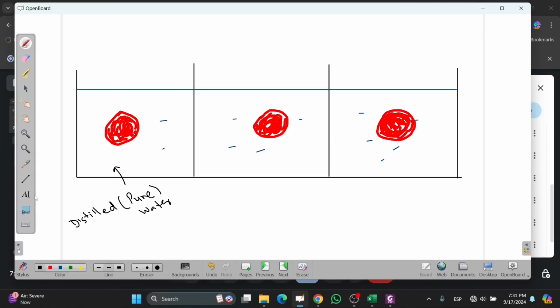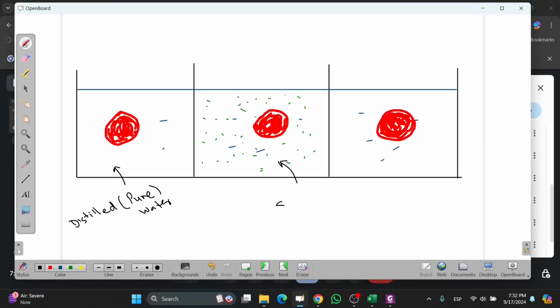Distilled water. That is pure water. The second scenario here, the cell is going to be in a salty solution. So here we are going to add some table salt to the water and make it salty, right?